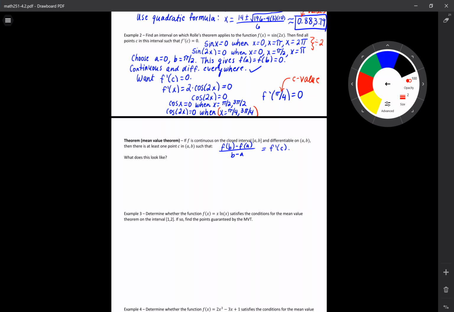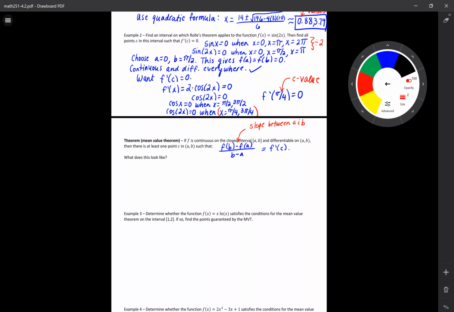F of b minus f of a over b minus a should also look familiar. This is simply the slope between the points a and b. So what the mean value theorem says is that there is a point c such that the slope at c is the same as the slope between a and b.